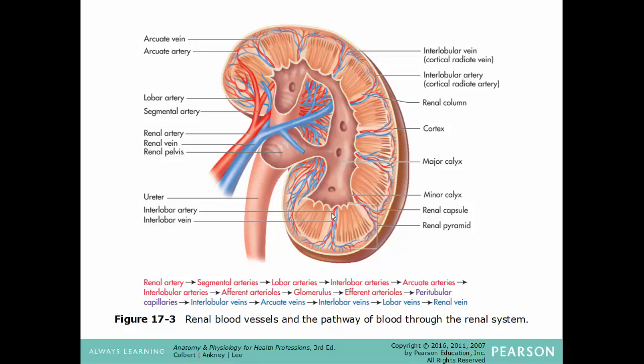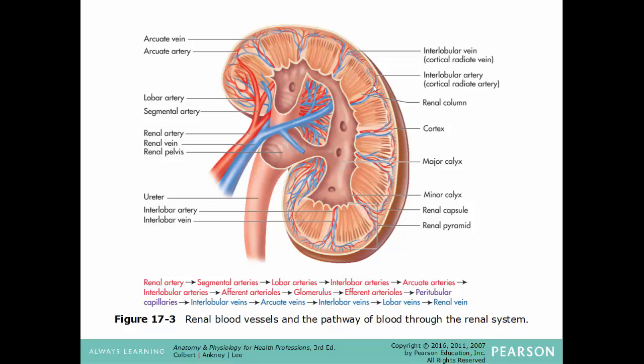And then you have arcuate arteries, that actually arc around pyramids, such as right here, they'll arc around. They have interlobular arteries. This is here. These will lead to the afferent arterioles. It's here is where the blood will enter the glomerulus. That's the main functional, or the main filtering unit of the nephron, which we'll talk about in more detail here in a few minutes.